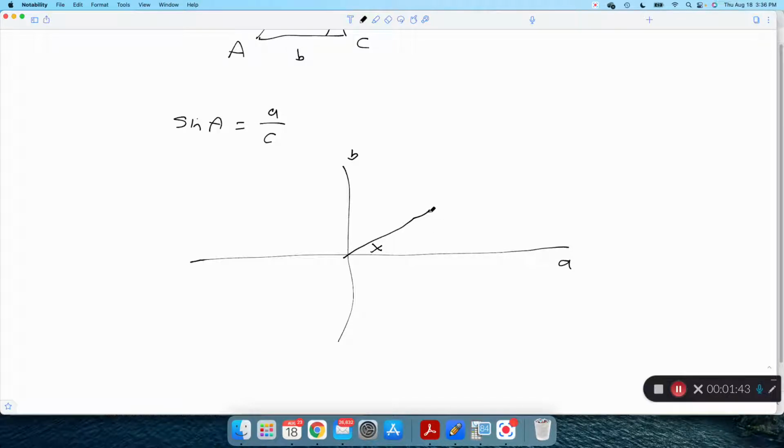So let's just draw a right triangle here. Say we're in quadrant 1.